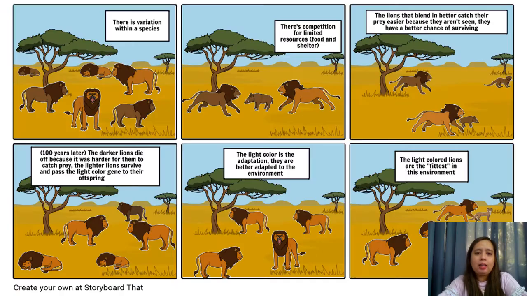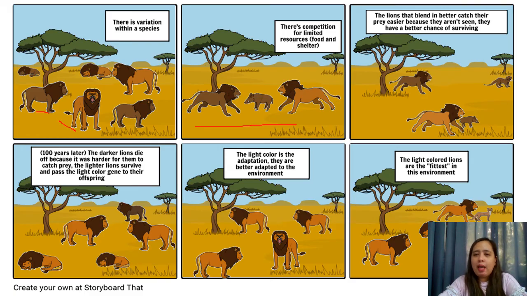So let's look at this one. Now, we have here a variation in the species. You have here the brown and the golden lion. There's competition for limited resources. They will fight.